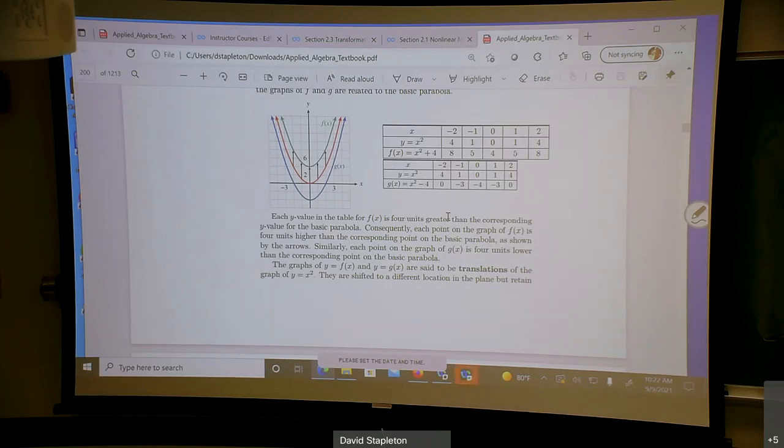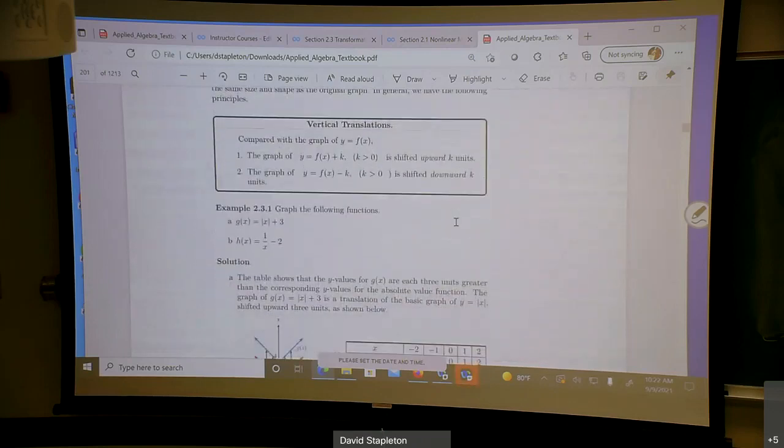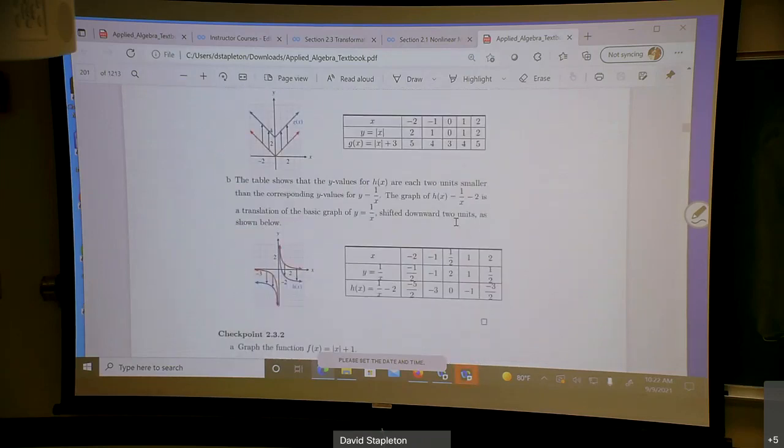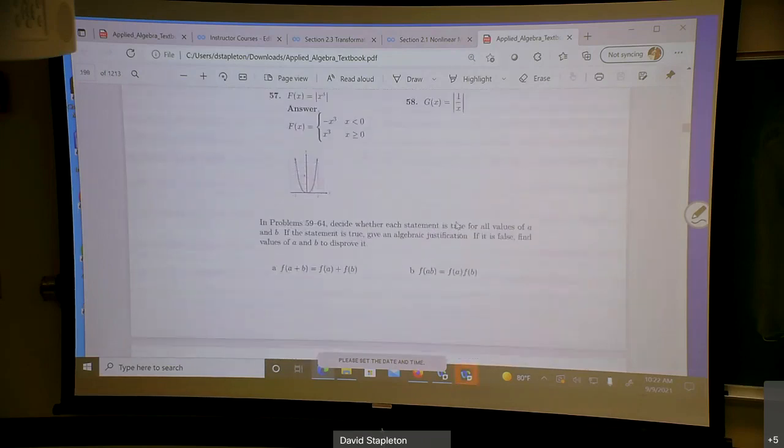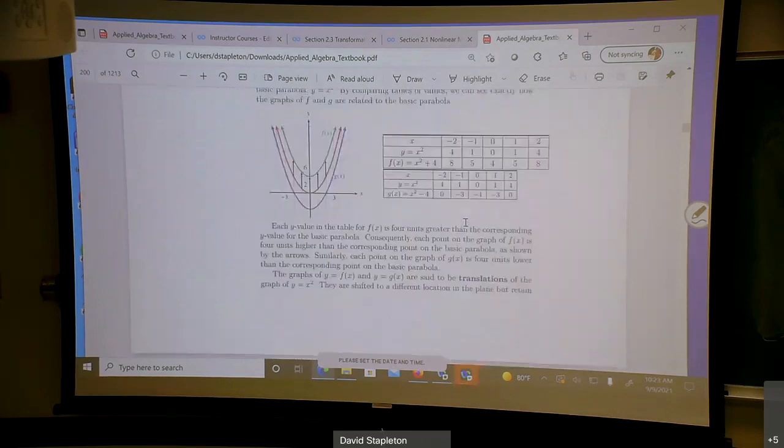I'll give you a hint, it's translated or shifted, moved. How does that one move? Isn't it to the right on the x-axis? If it was minus h, it would be. Since they put plus h in here, we're going to say it moves it the other way. I'll make sure they follow through. This is a new textbook to me this semester. Let me see this. They might do both here because they did that with the k.